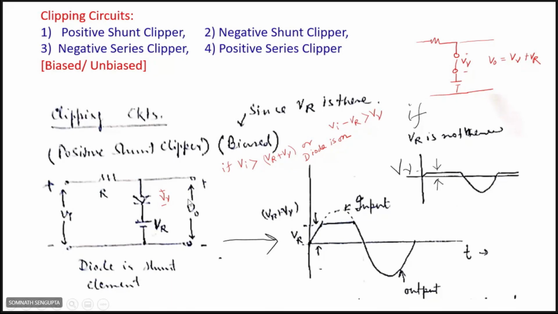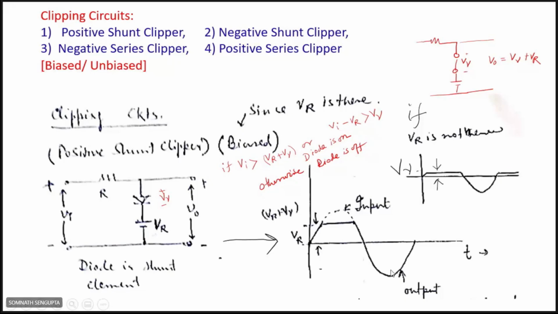But when the input voltage is lesser than that, the opposite is true. Otherwise, the diode is off. That means when the input voltage is less than VR, this portion, this portion.